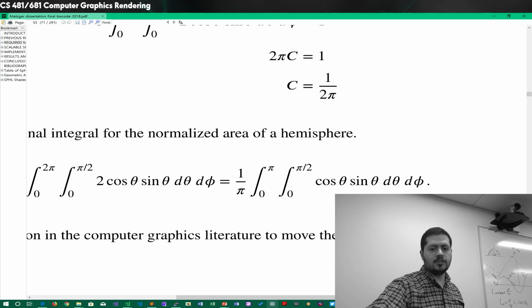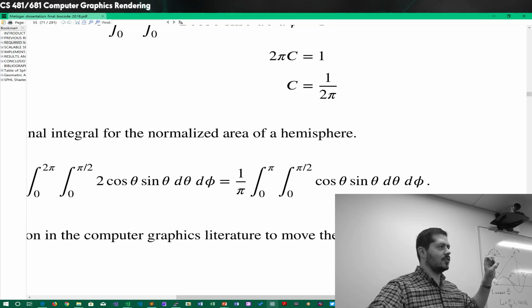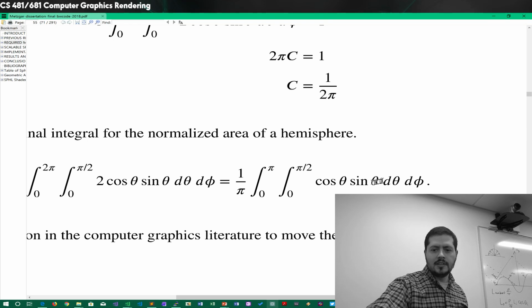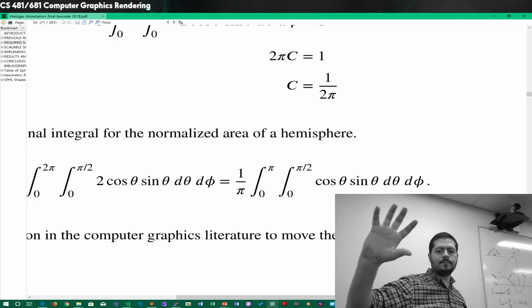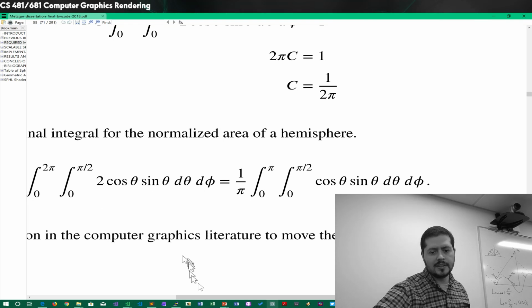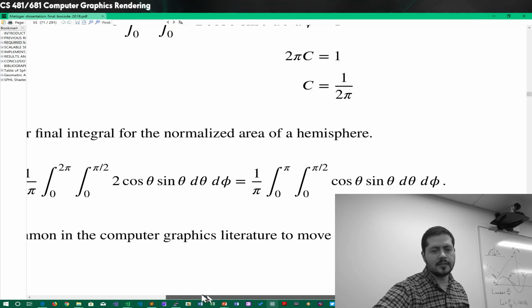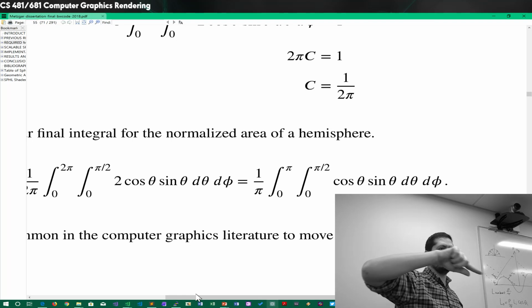This is the trick behind the rendering equation, that we have this 1 over pi constant in front of it. And you'll notice the sine theta d theta part we'll basically eliminate, because we're going back to just saying this is the integral over the hemisphere.